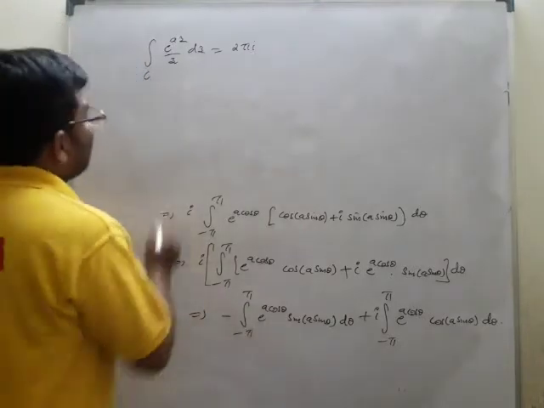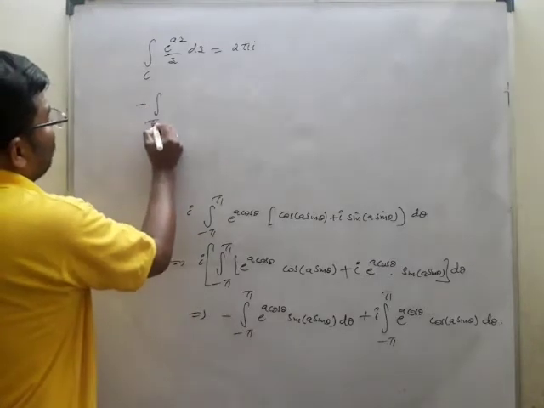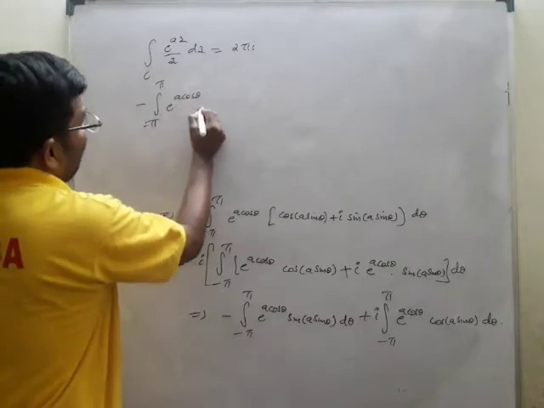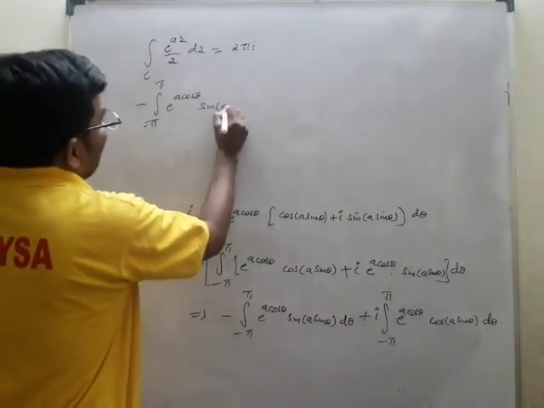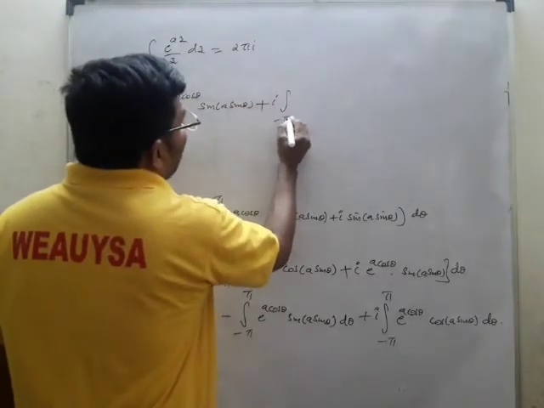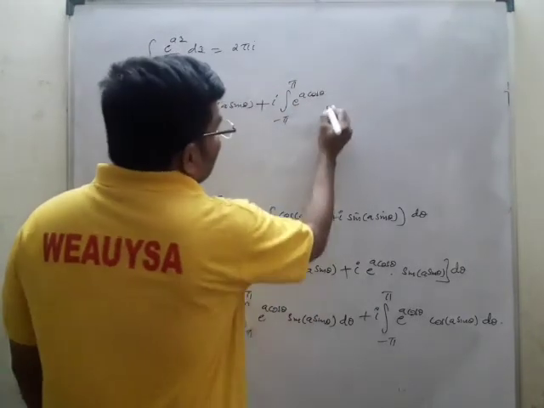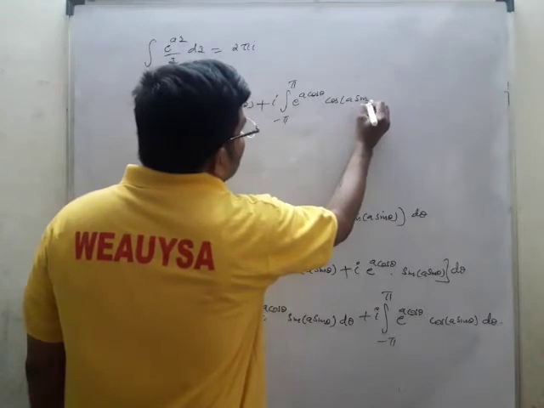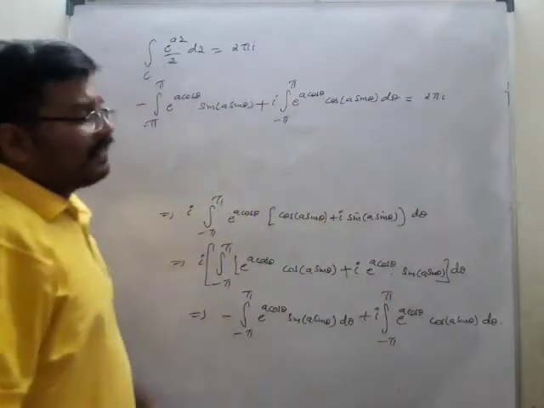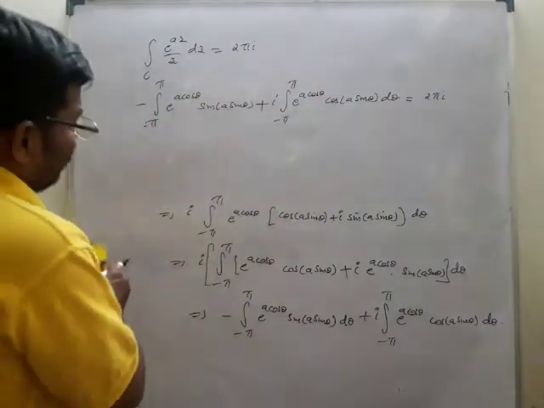So I'll equate it in this form: minus the integral from minus pi to pi of e power a cos theta sin(a sin theta) plus i into the integral from minus pi to pi of e power a cos theta cos(a sin theta) d theta is equal to 2 pi i.